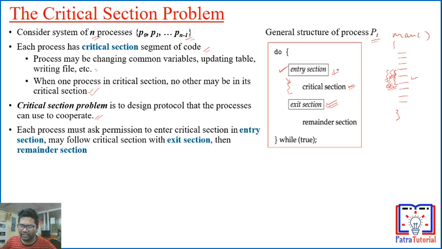So before entering it goes through the entry section, and when leaving it goes through the exit section, letting other processes know that no process is running in the critical section. This is the structure of a process with one critical section.